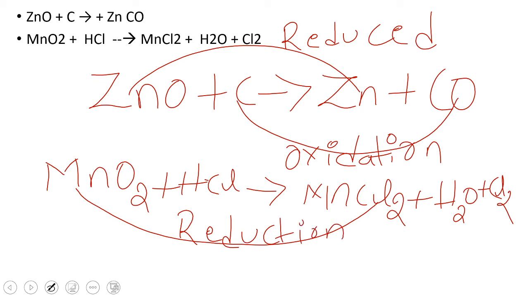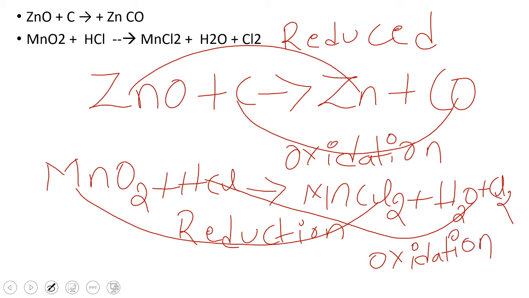And hydrochloric acid gets converted into water. That means addition of oxygen takes place, so it is an example of oxidation. So in the same reaction, both oxidation and reduction take place. Such reactions are termed redox reactions or oxidation and reduction reactions. So this is an example of a redox reaction.